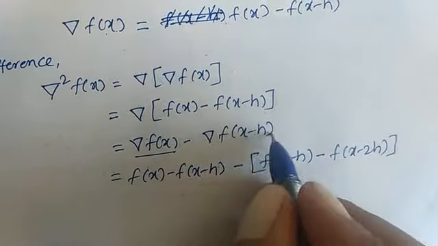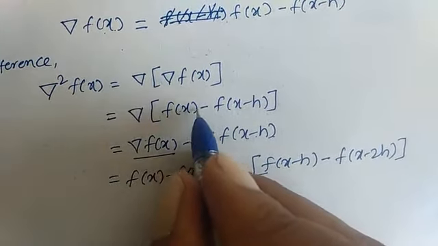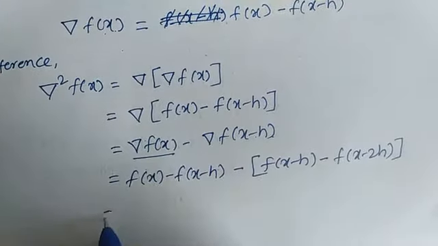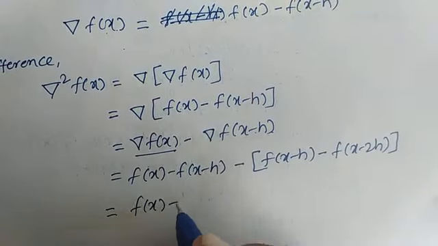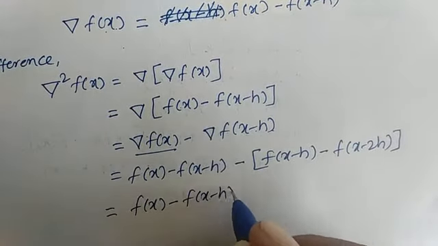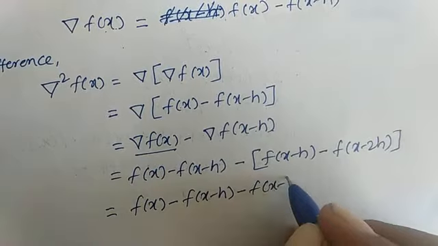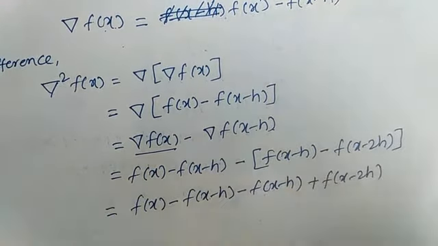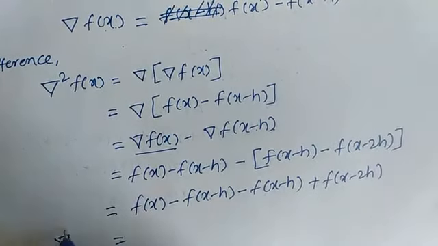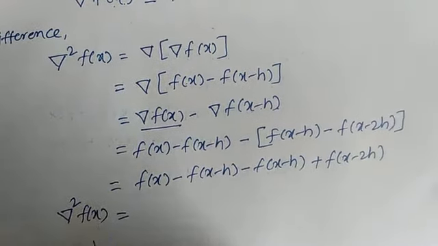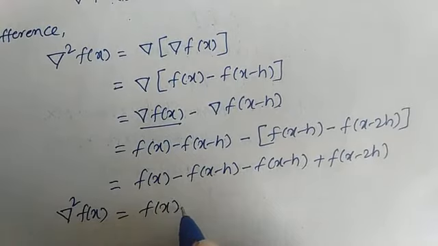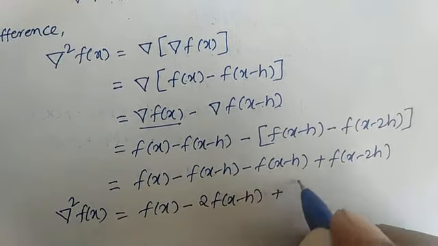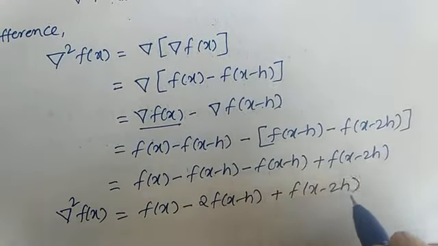Or you have to replace x with x − h in this function, so x − h − h is x − 2h, which is equal to f(x) − f(x − h) − f(x − h) + f(x − 2h), which gives ∇² f(x) as f(x) − 2f(x − h) + f(x − 2h), okay.